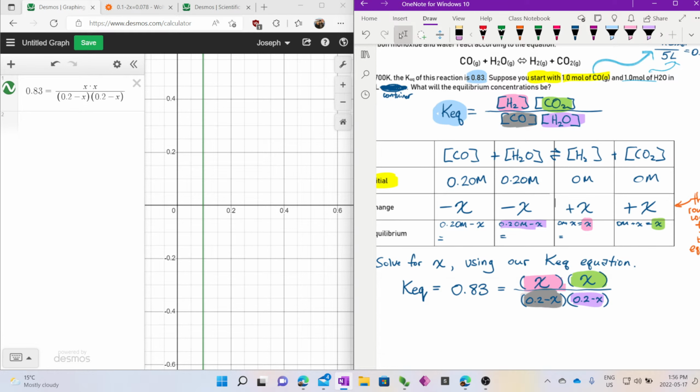And while that is going down, this is going to go up by some number. That's comfortable? So we said at equilibrium, this will be the original 0.20 minus however much we used. This will be the 0.20 minus however much we used. But this will be the positive of that number. However much of this we used, that's how much of this we get. And that's how much of that we get. Is that reasonably okay?